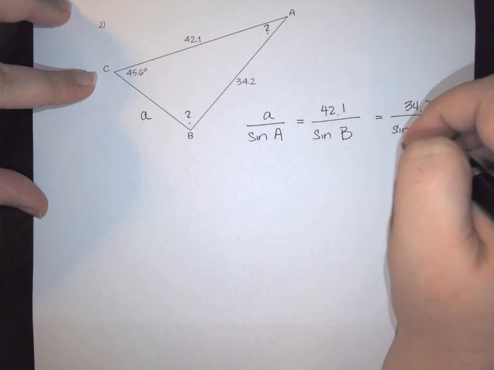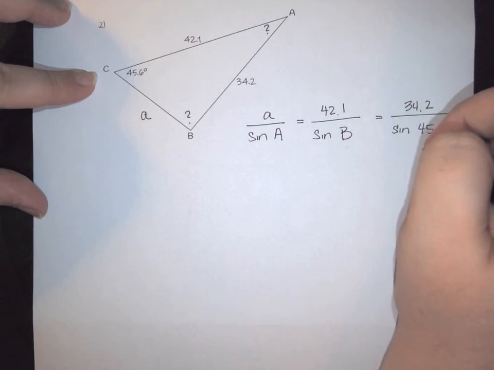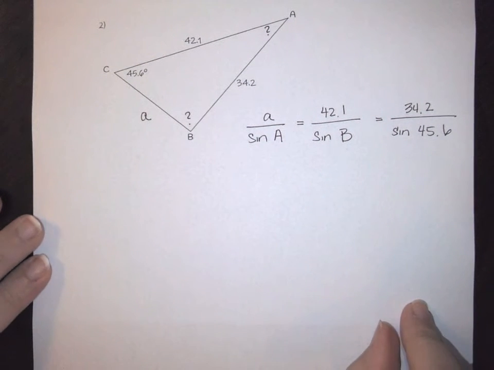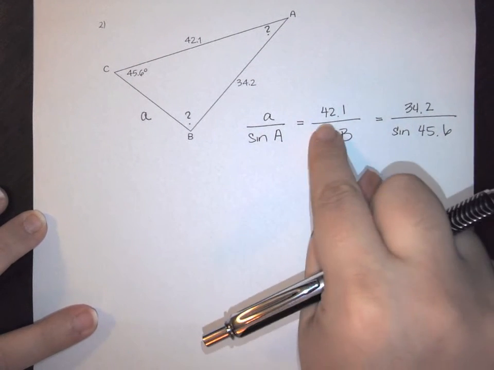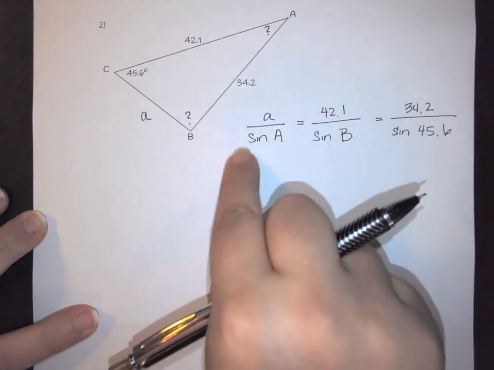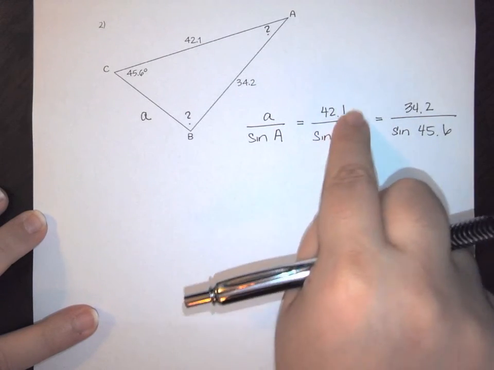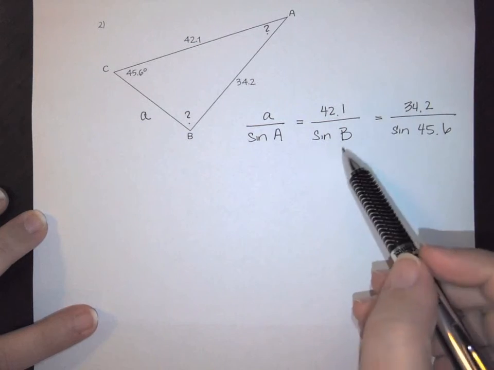So here, in order to solve for my B, I have to do a little bit of manipulating. We need to rearrange or solve our proportion here, so you would do cross product.